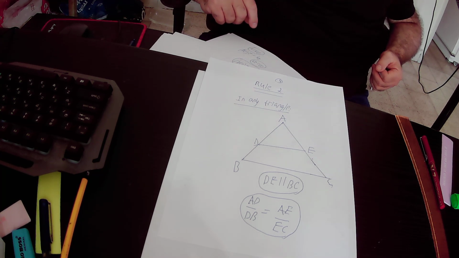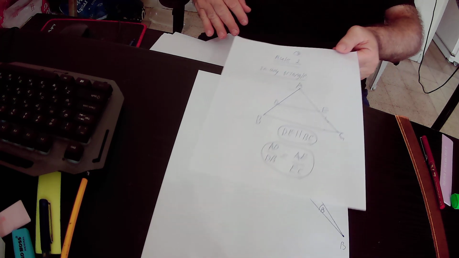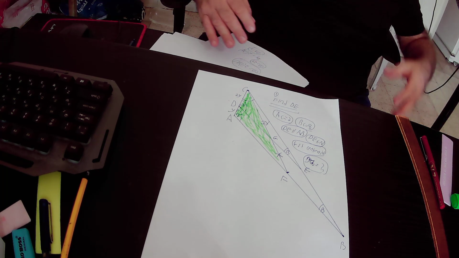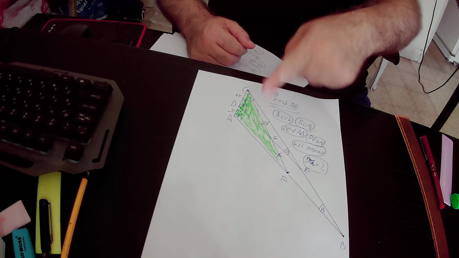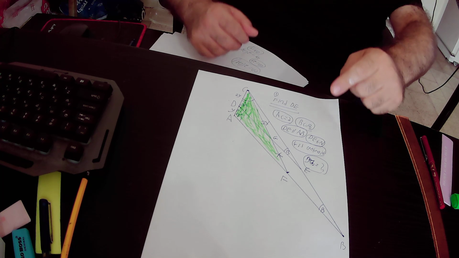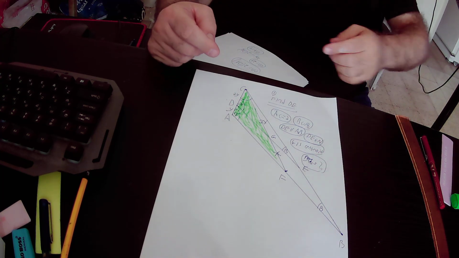Okay, that is rule number 2, and we can implement rule number 2 in our triangle. We implemented rule number 2 on the green triangle, because on the green triangle we know that DE is parallel to BC.